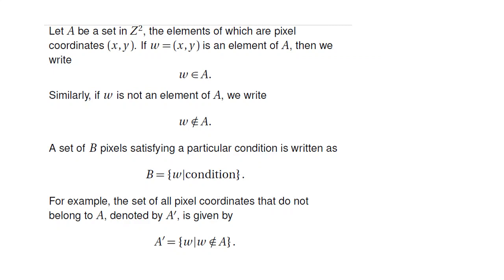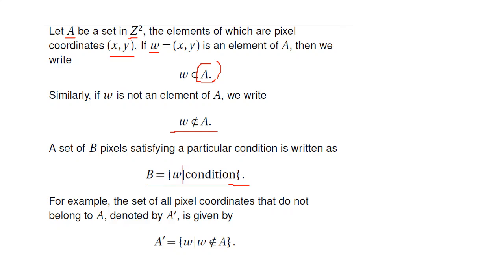Consider a set in Z squared, the integers, which are pixel coordinates x, y, and we define x, y as w. A set A is like w is an element of A. We can define the complement, w is not in A, and a set of B pixels satisfying a particular condition we write as B equals w given that condition.